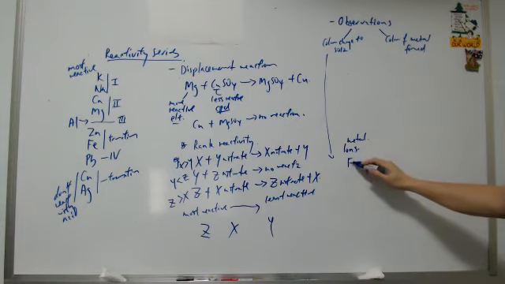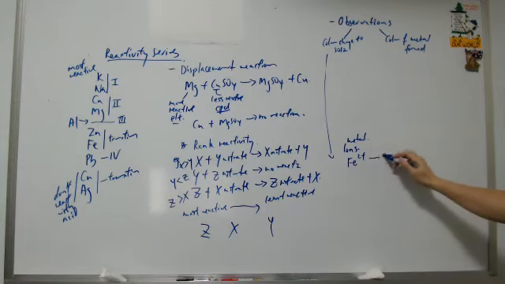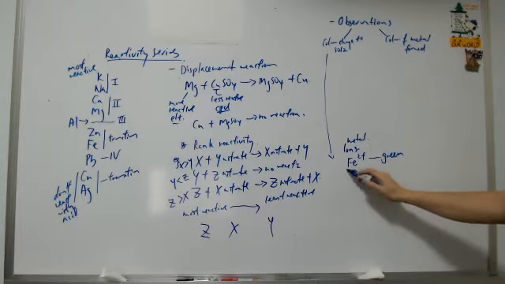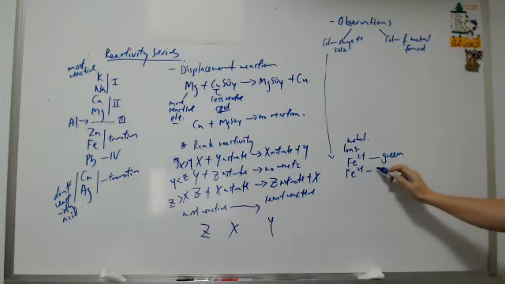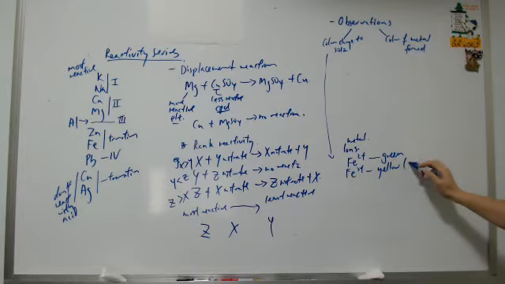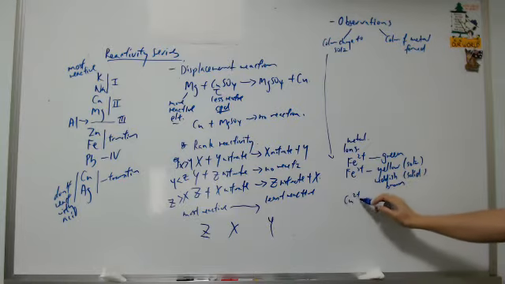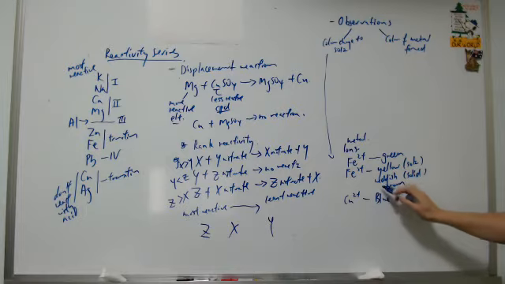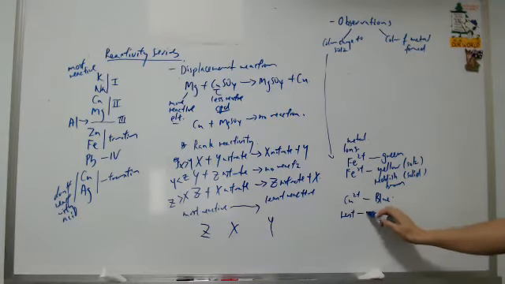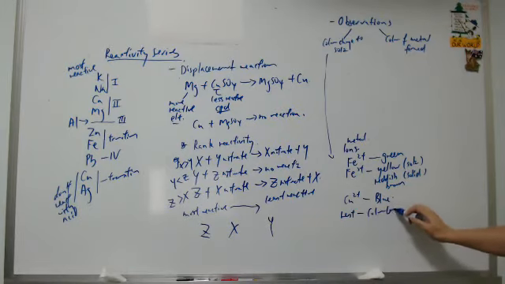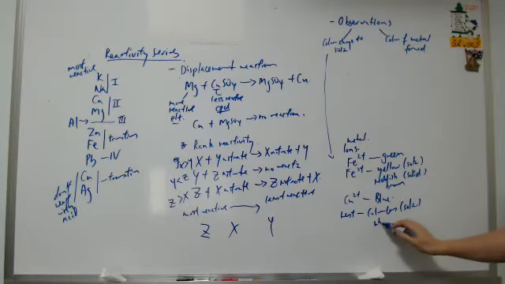Iron 2 is green. Iron 3 is yellow in solution, but if it's solid, it's reddish brown. Copper 2 is blue. The rest are colorless in solution, and if solid, white.